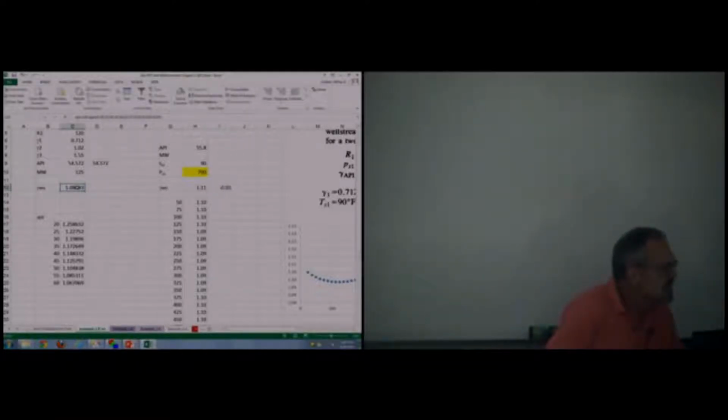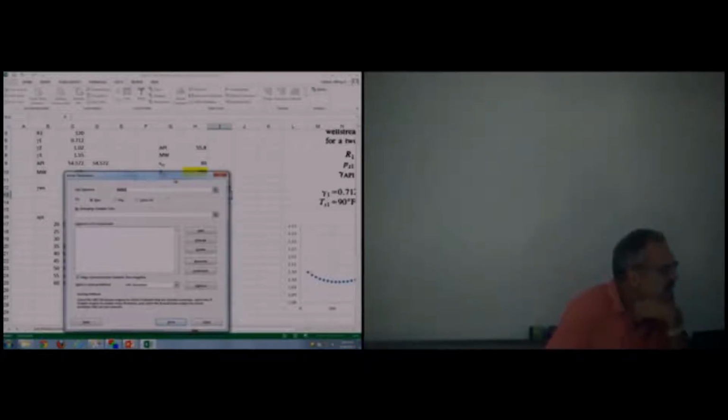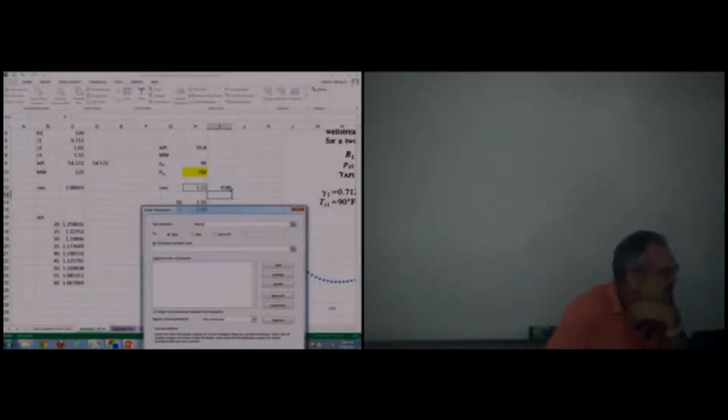We always like to solve things relatively. Then we can take the absolute value of this, but I typically just square it so it's a positive number, because you don't want to minimize something that can go negative. Okay, let's try to use solver and see what we get. I want to set this cell here, I-12, to a minimum by changing the separator pressure.